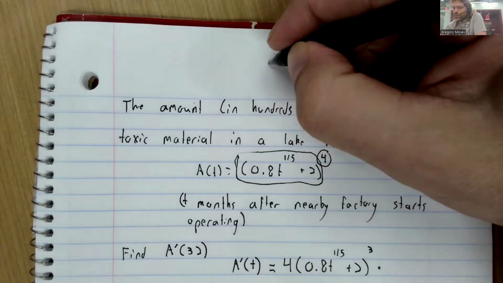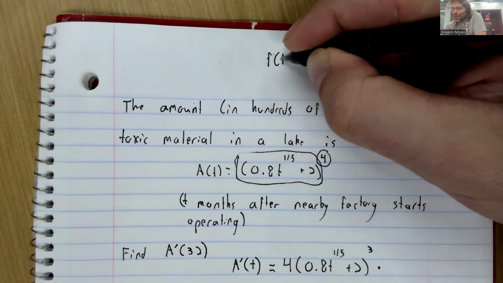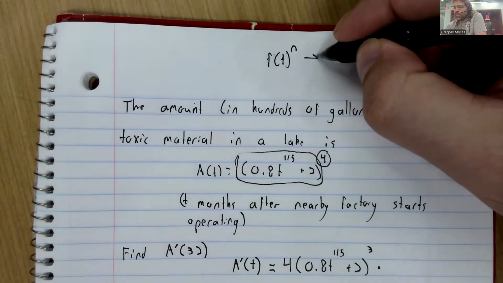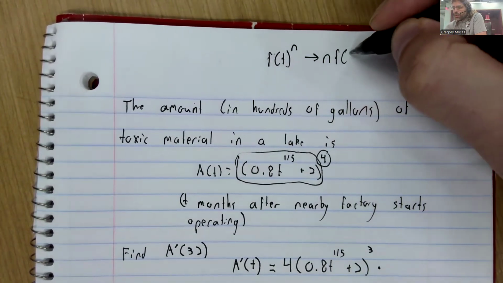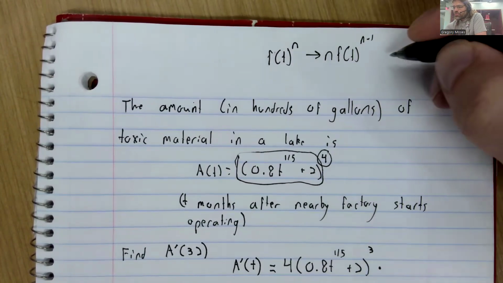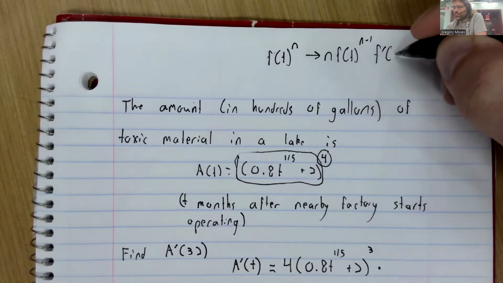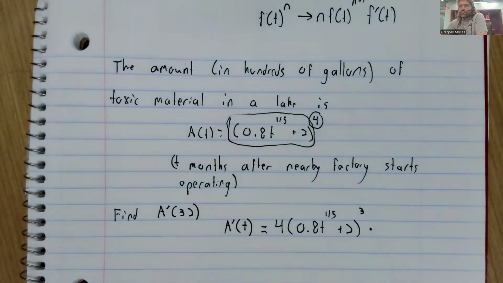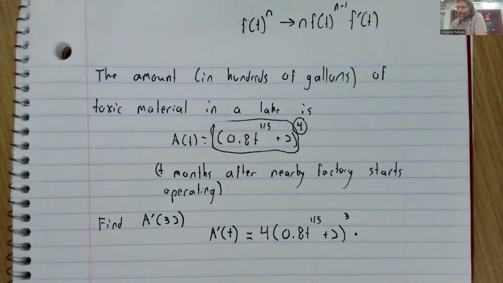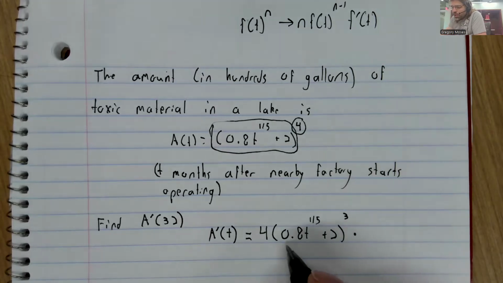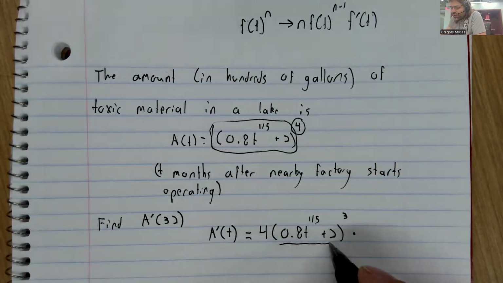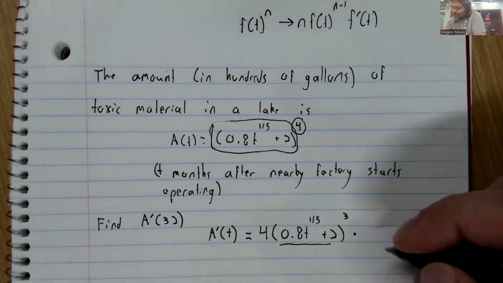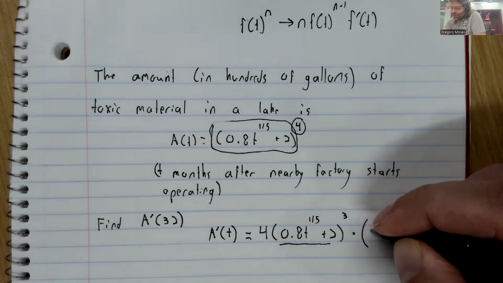Just as a reminder, the general power rule says to take the derivative of a function raised to a power, the power comes down, the power gets reduced by 1, and then we multiply by the derivative of the function. So that's just what we're doing here. The derivative of this? Well, the 0.8 is a constant.